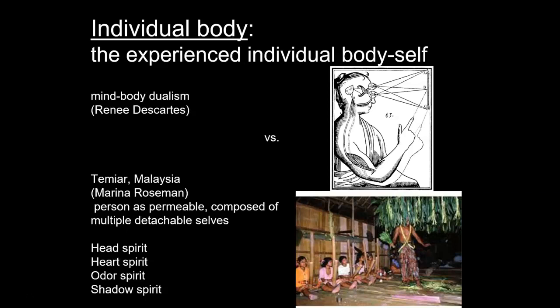So contrary to the sort of mind-body model on the top, the Temiar conceptualization of a person is as permeable. That is, that the person is composed of multiple detachable selves. And Roseman describes these selves, which take the form of spirits. So each person includes a head spirit, a heart spirit, an odor spirit, and a shadow spirit.